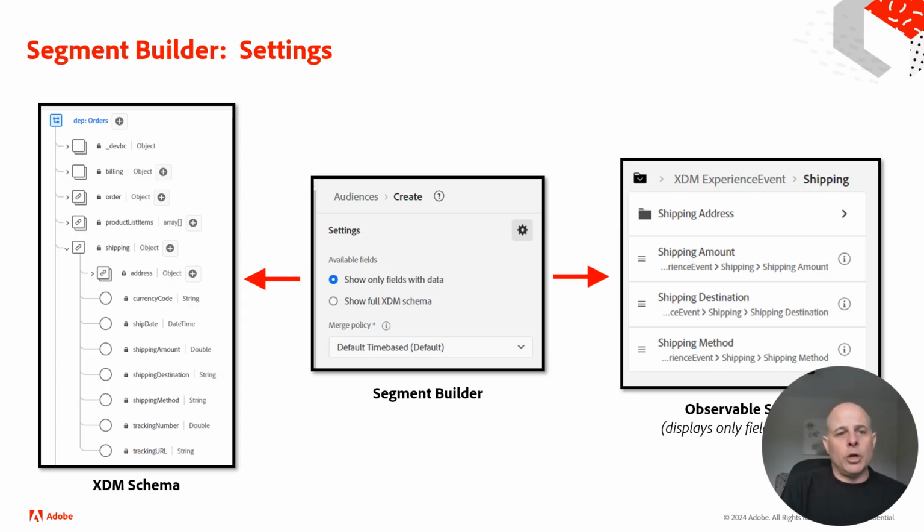Now, when I look at the actual schema, I will notice that I have many more, and the reason is I haven't populated the rest of those with data. So if I ever need to utilize one versus the other, I can toggle between them to say, show me all the fields or just the fields with data. By default, like I said, we only show the ones with data, but here's how you change that.